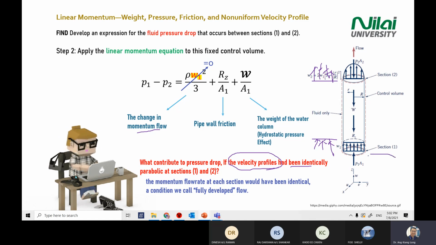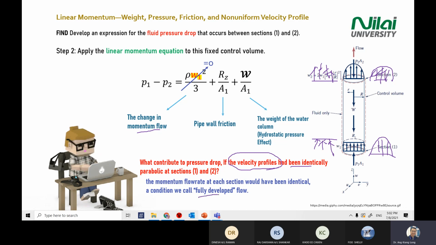Or you have a parabolic flow, the same equation applies for section 1, and section 2 is also parabolic flow. Then you can cancel the first one because the change of momentum is the same. There's no change of momentum if you have an identical flow.